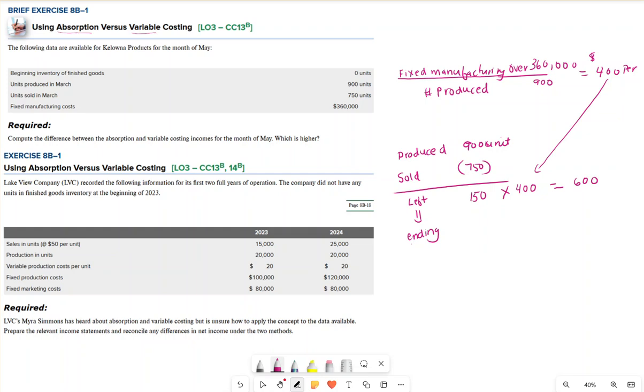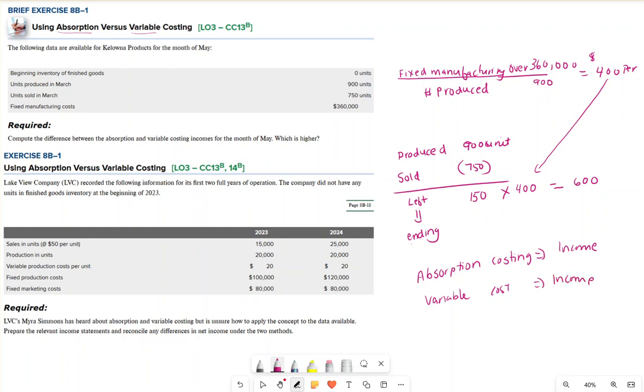The difference between the two operating incomes, the absorption costing income and the variable costing income, is what we're producing.